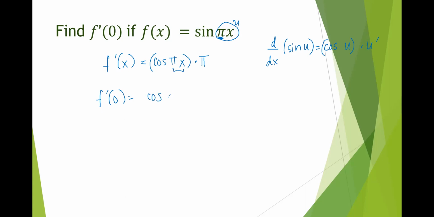Pi times 0 is 0 times pi. But cosine 0 is 1. This is equal to 1. 1 times pi is pi. So, this becomes our final answer. So, f prime of 0, if f of x is sine pi x, is equal to pi.